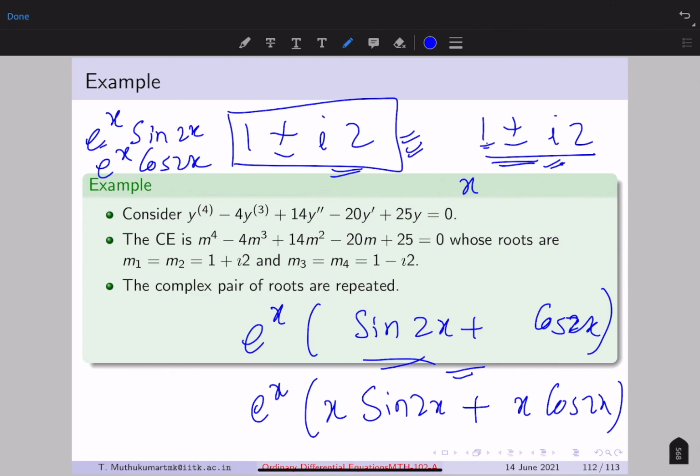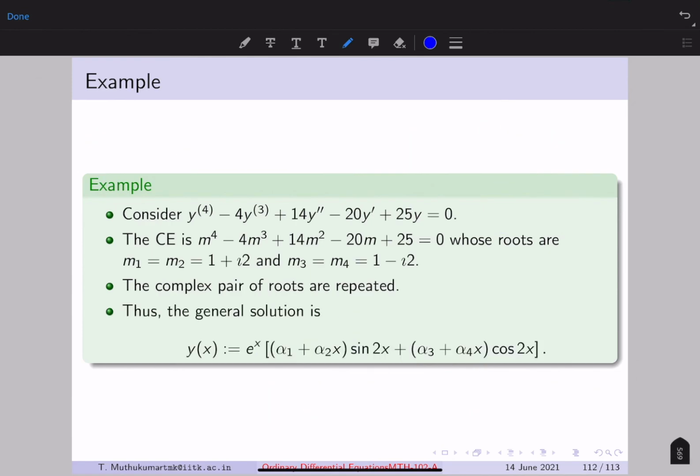So you choose x e power x sine 2x, x e power x cos 2x, and that's what I've said here. Okay, so the roots are repeated. So when you take the linear combination e power x, this term comes from the first root m1 m3, whereas this term and this term come from m2 m4. Okay, so this is for the repeated root. So that's the idea.